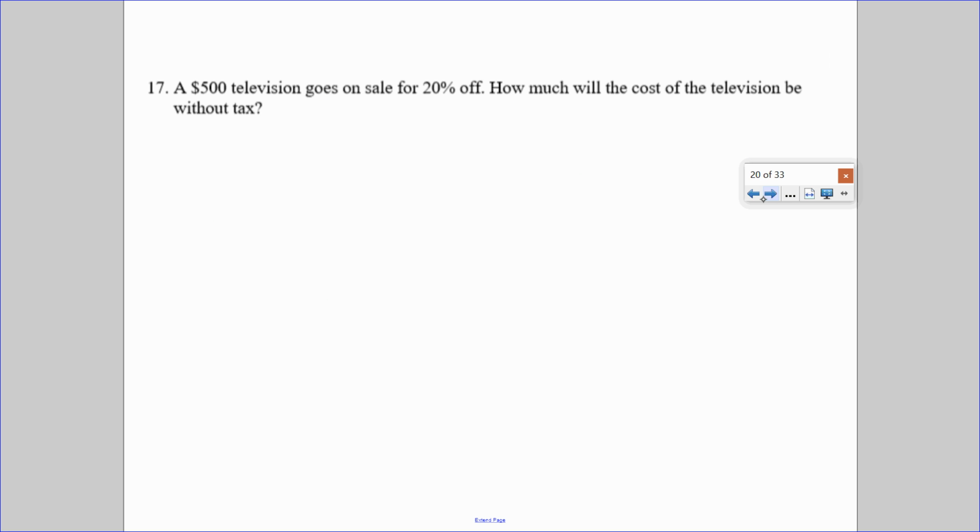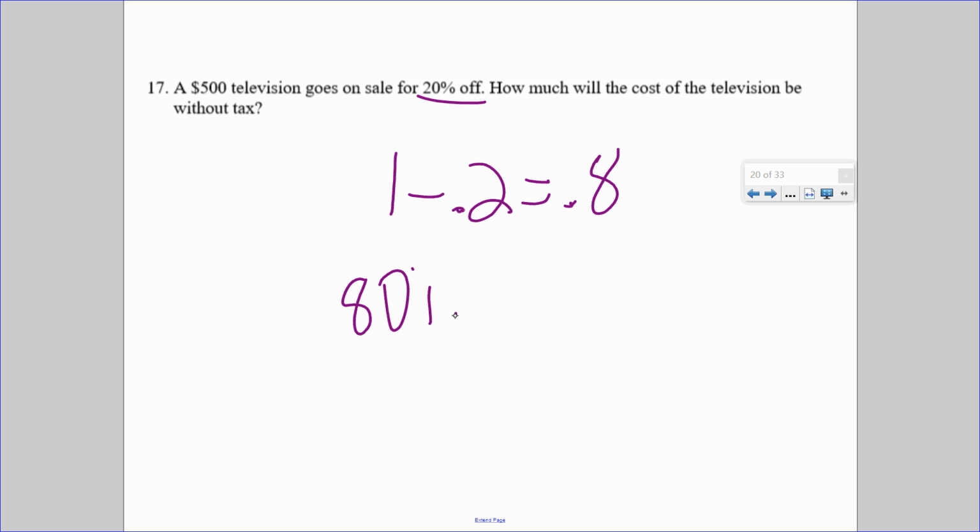A $500 television goes on sale for 20% off. How much will the cost of the television be without tax? Well, if it's 20% off, then you're paying 80%. So I'm paying 80% of 500.